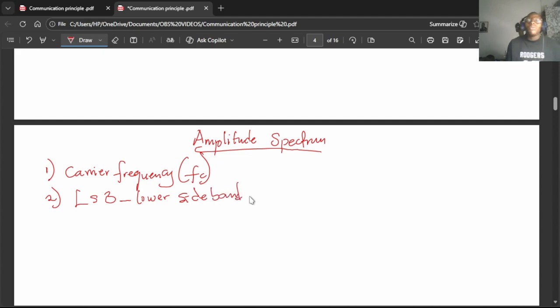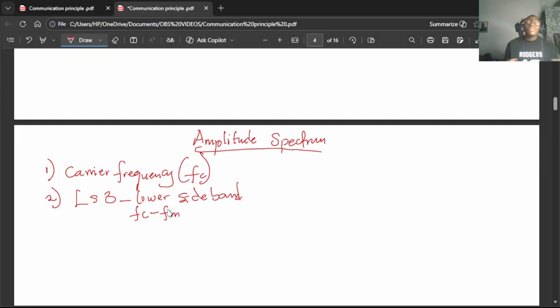And sometimes they will not actually give you the meaning of LSB. What you now see is an equation for LSB. And what's that equation? The equation for LSB is FC minus FM, where you are subtracting your modulating frequency from your carrier frequency. Am I communicating?